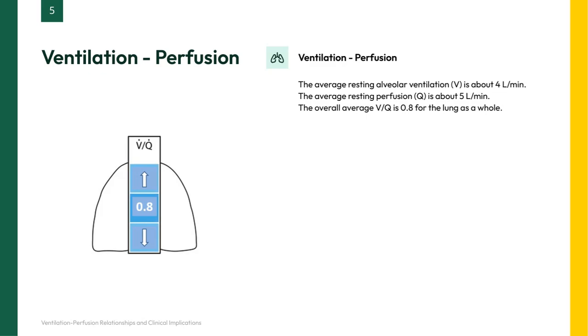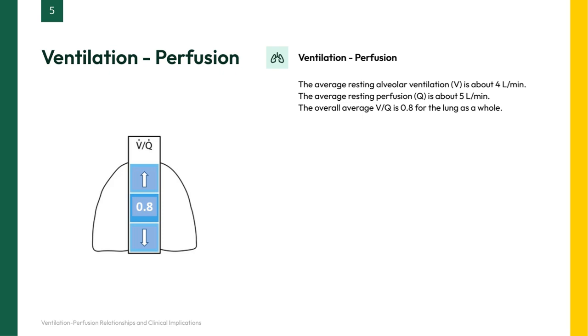When we talk about ventilation and perfusion, we're referring to two key processes in the lungs. Ventilation, represented as V, is the amount of air that reaches the alveoli each minute. On average, at rest, this is about 4 liters per minute. Perfusion, or Q, is the blood flow through the pulmonary capillaries, which is roughly 5 liters per minute at rest.